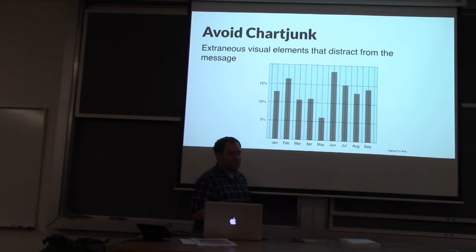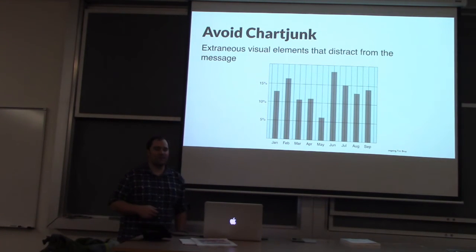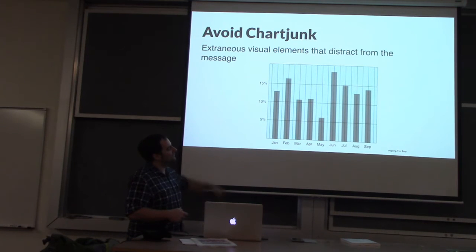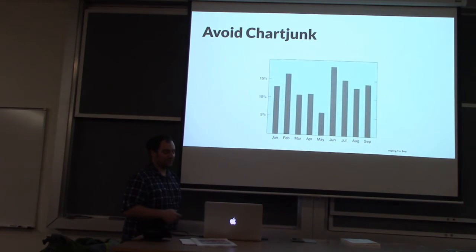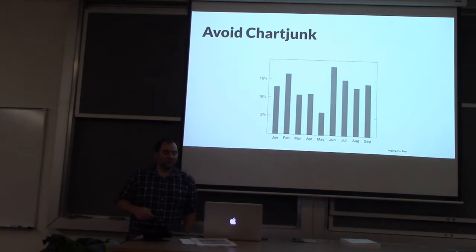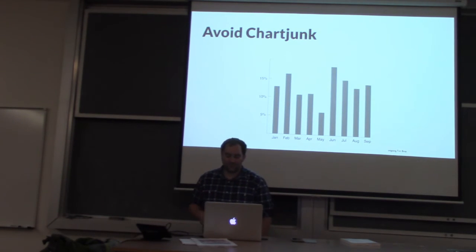Generally, you should also avoid chart chunk. Chart chunk are extraneous visual elements that distract from the main message. Here we have a chart with a lot of extra grid lines and so on. We could redesign this by, for example, taking out these grid lines. They're not very important. We could be even more minimalistic by taking out the background color. We could remove the frame.